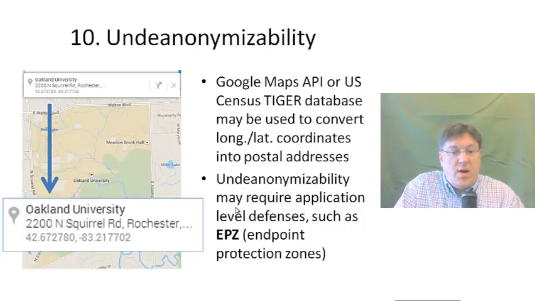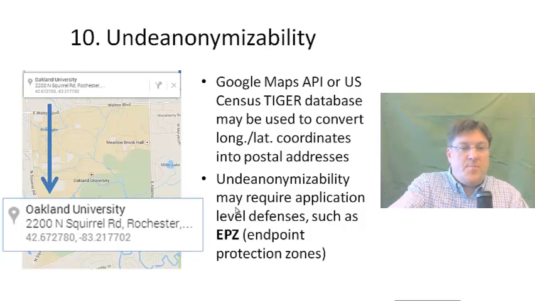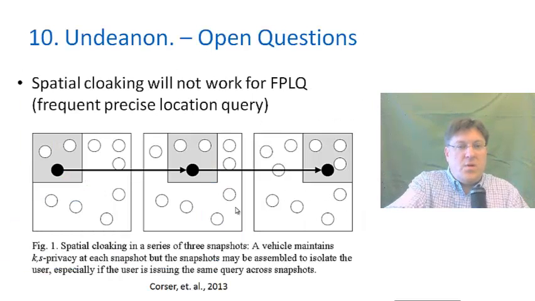It may require application-level defenses. It may require silent periods. There's any number of ways to do this, but all the privacy protections that have been suggested may break down if we don't have some method of protecting against the location data alone, nothing else. That's what de-anonymizability would do.